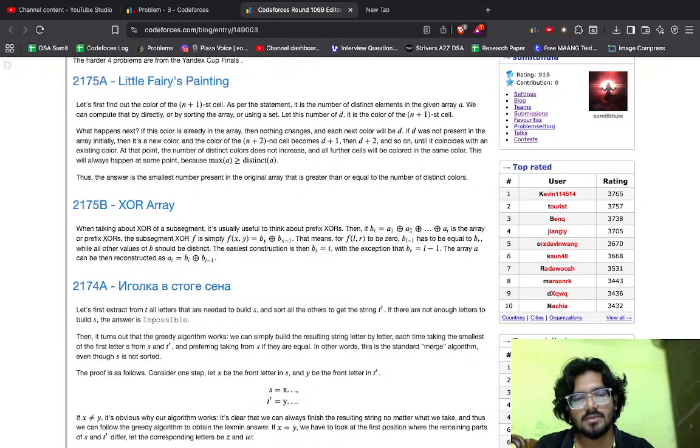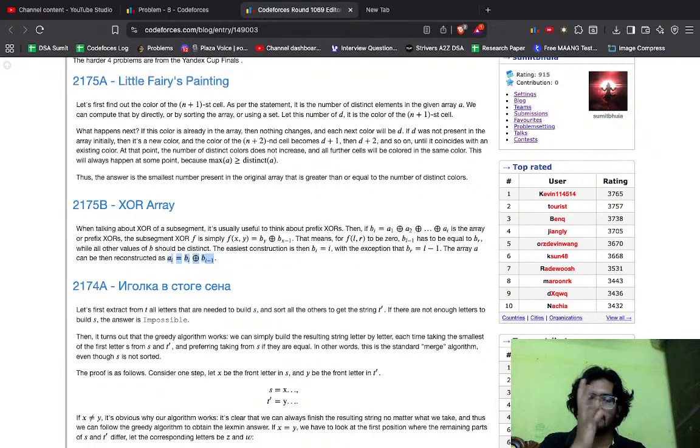Now we need to reconstruct A from B. With prefix sums, each value is the sum of the previous ones, so we subtract the previous from it to get the current value. Here also, if you are XORing everything forward, just XOR back the elements that were present and they will cancel out, leaving the current XOR.